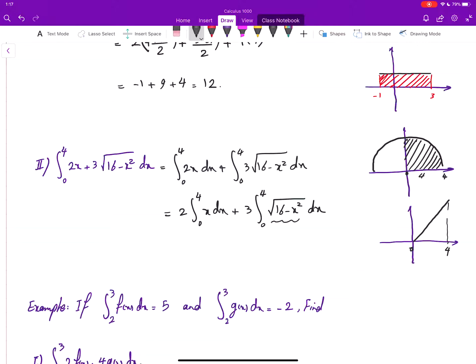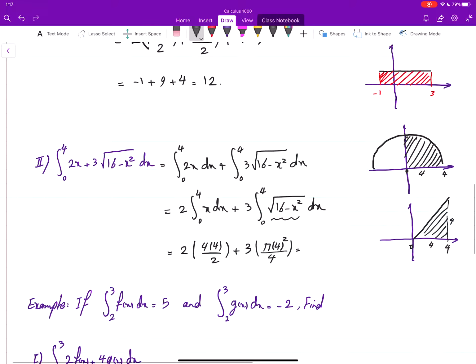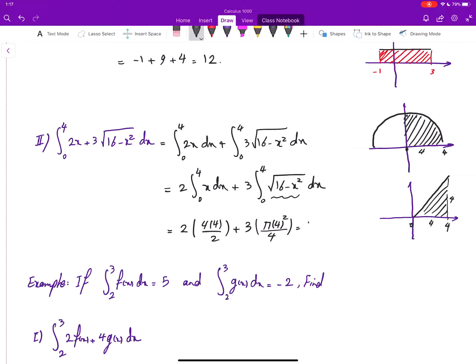This is 4, so we know how to find the areas of those. This will be 2 times 4 times 4 divided by 2, plus 3 times a quarter of a circle, so 1/4 of pi r squared, where r is 4. That will give us 16 plus 12 pi, and that's what we have.